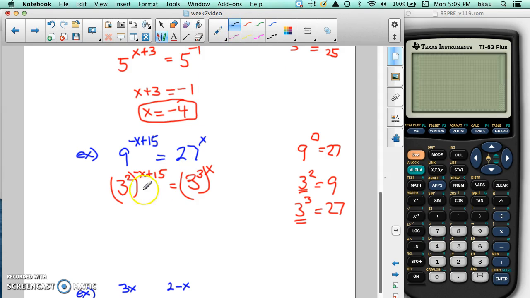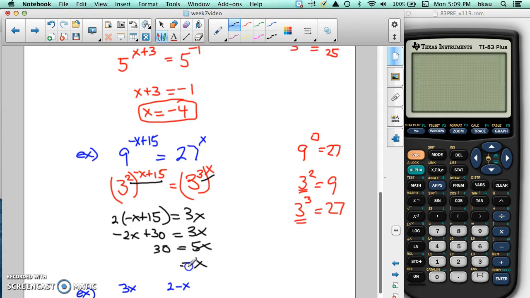So in this case we multiply these powers, so this exponent equals this exponent, so my equation becomes 2 times negative x plus 15 equals 3x. And that's what we're going to solve to get the solution. So we have negative 2x plus 30 equals 3x. Move the 2x over, so we have 5x equals 30. X is 6 in this problem.